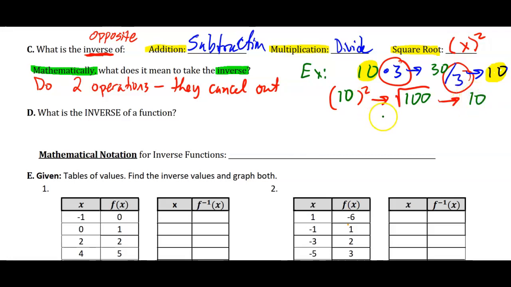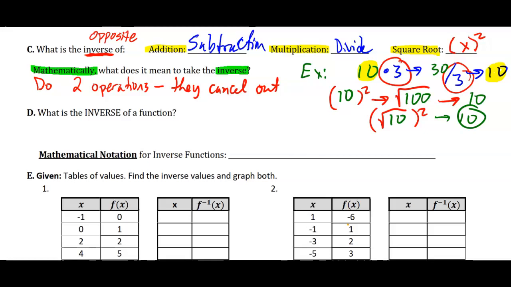So if I combine them together, the square and the square root reduce each other out, and I again am left with 10. And that's essentially why squaring and square root are inverses. Essentially, it's what you use to solve an equation. You apply the opposite operations until you get your solution.